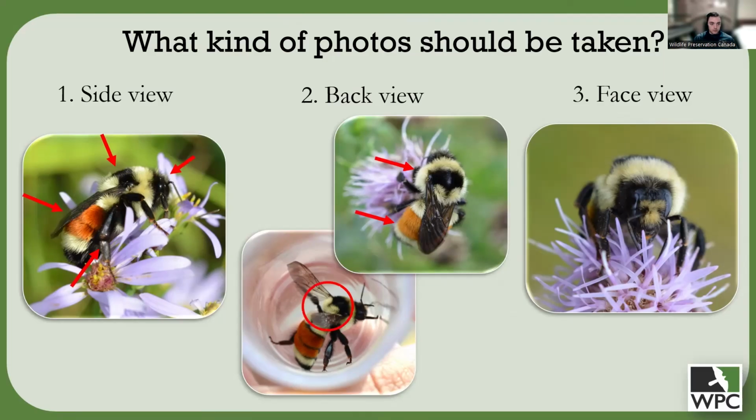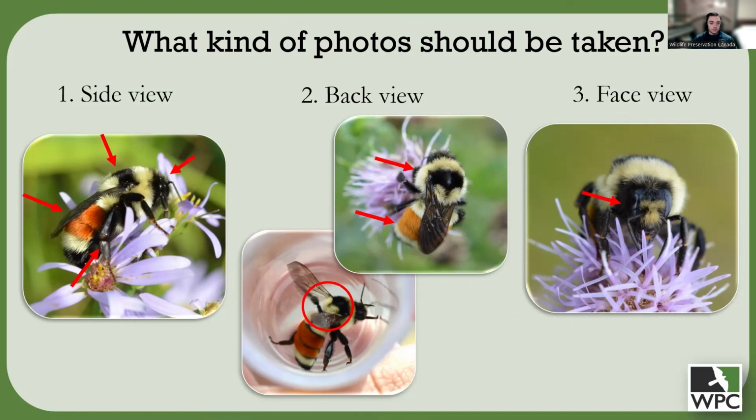The back view, also for similar reasons, can show a complete view of the thorax pattern, and then also, if the wings are open, a complete view of the abdominal pattern. The face view as well is important, not just for identifying what color of hairs are on the front of the face, but also because some bumblebee species have differently structured faces than others.